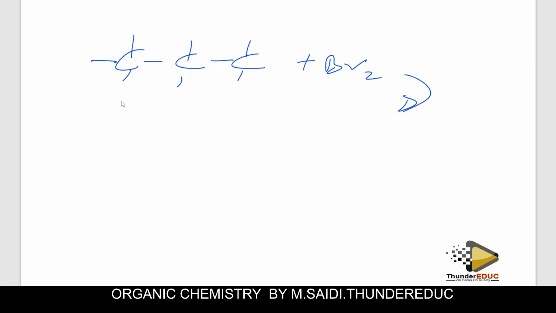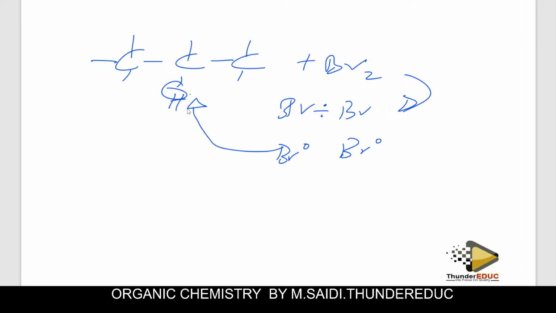Let me just show you with a simple example. That is an alkane. If you add bromine under sunlight, the hydrogen here is going to be replaced. This bond is going to break, and the bromine goes and replaces the hydrogen.